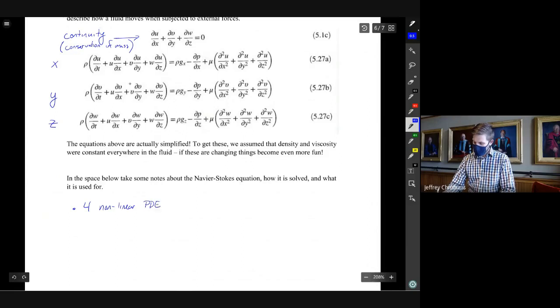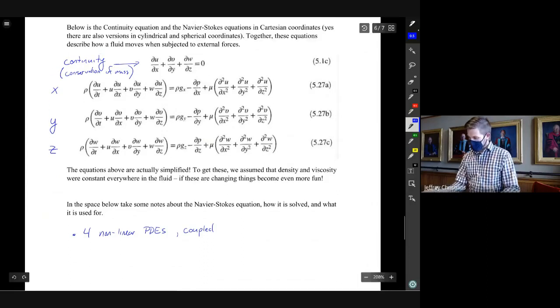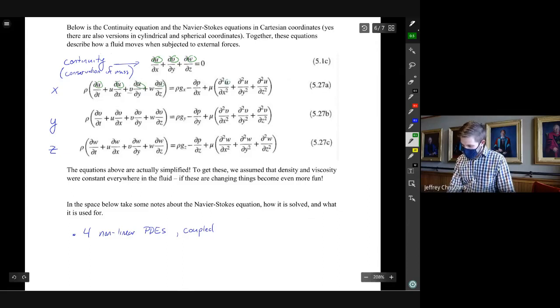So we have 4 nonlinear PDEs. They're coupled, meaning if you look at them, this top one has a U in it, a V in it, and a W. This one has U's all over the place, but it also has a V and a W. This one has V's all over the place, but it also has U and W. This one has pressure, this one has pressure, this one has pressure.